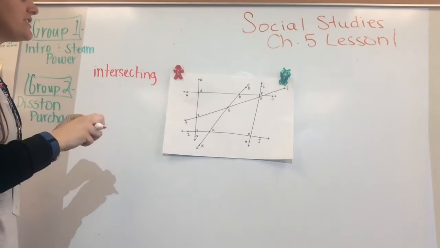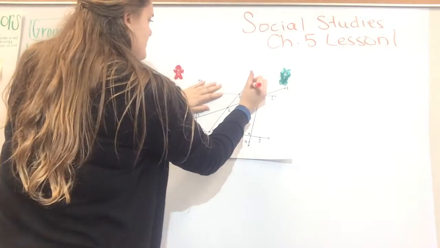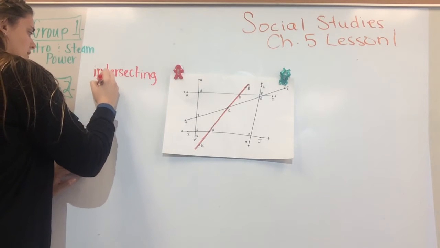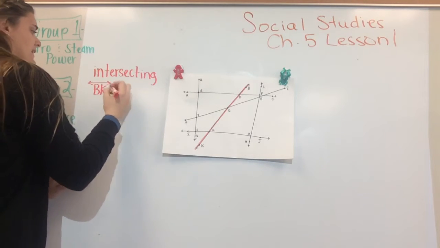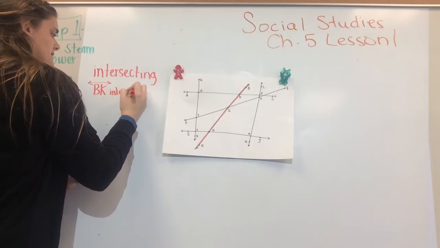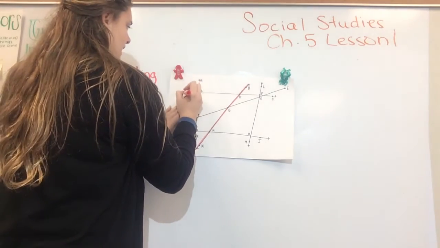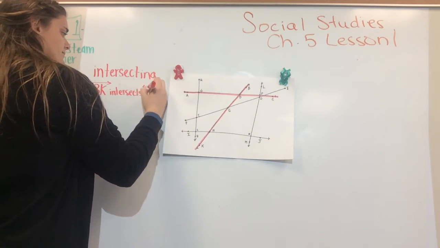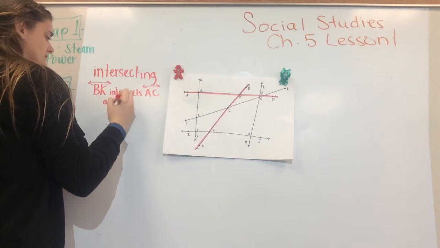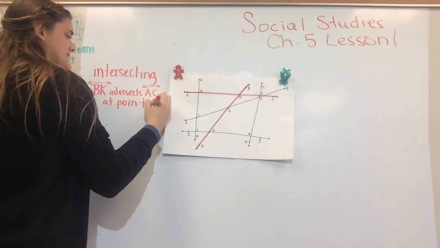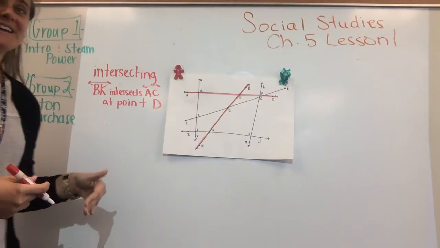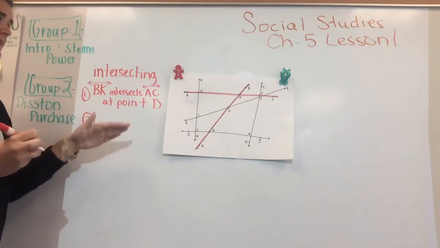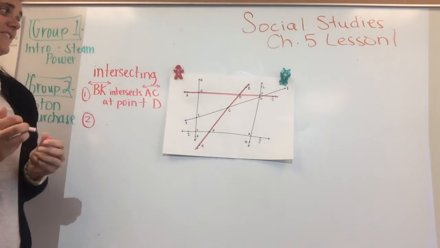An example of an intersecting line could be line BK intersects with line AC at point D. Now you need to find one more intersecting line for homework. So I found one, now you need to find one. And you can press pause or you can do it at the end of the video.